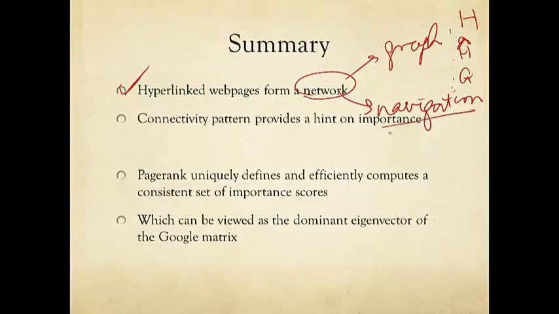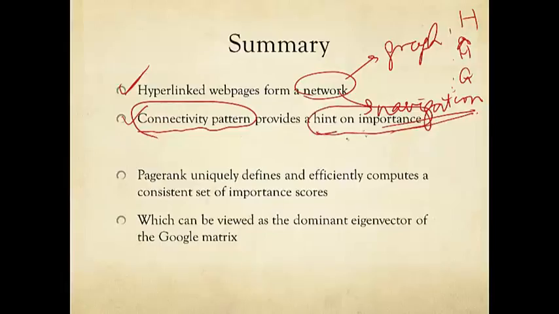You can disagree with those models, but so far Google's search result has proven to be quite useful. And this is a general theme: connectivity pattern provides a hint on node importance. We'll come back to this in lecture 4 with 3 more additional importance metrics suitable for other purposes.